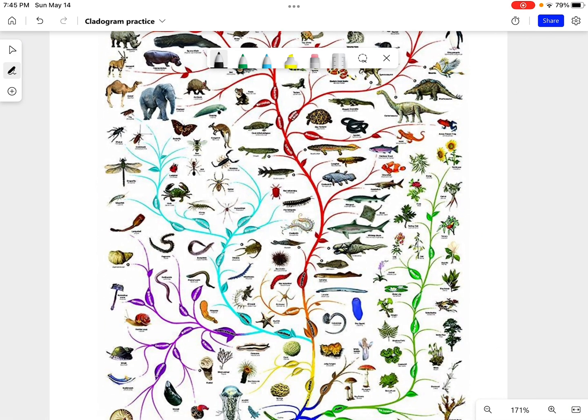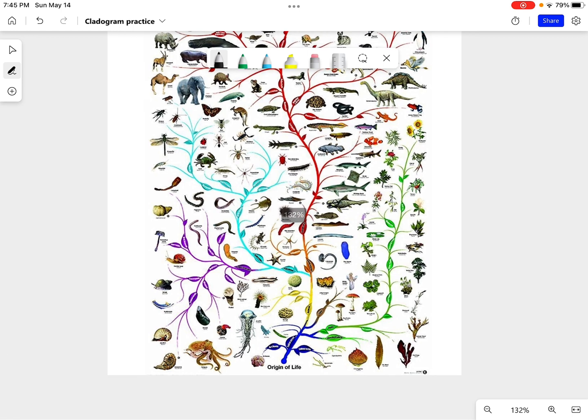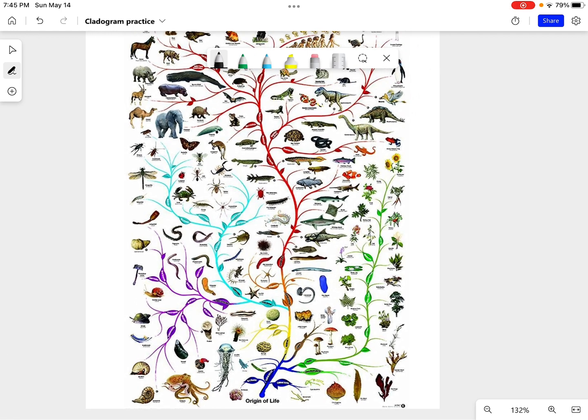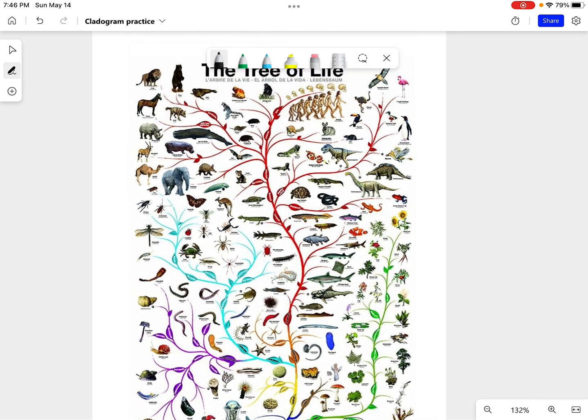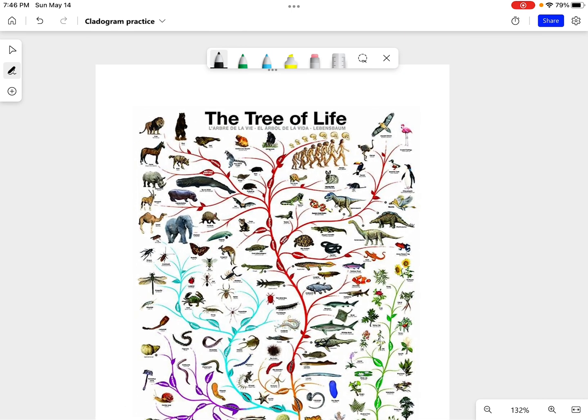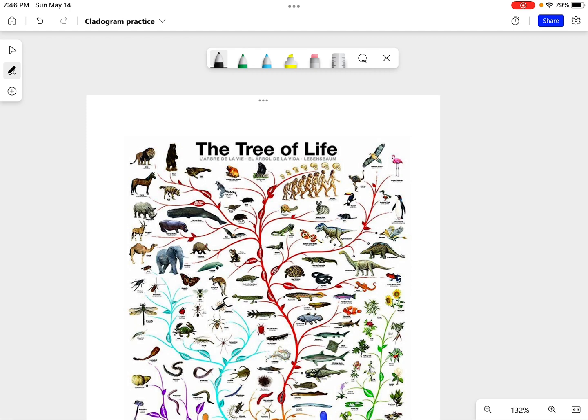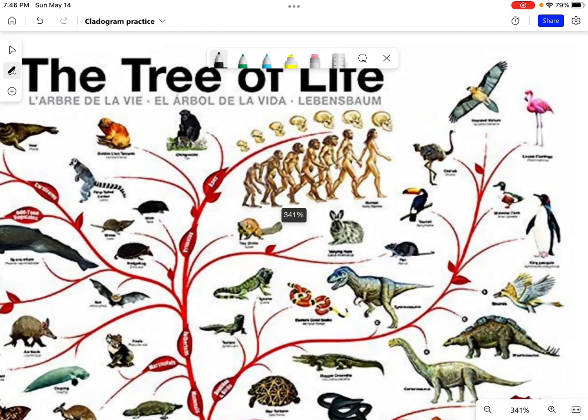All right, so here we have a tree of life, and you'll notice there's a main line that runs all the way through the middle here, and there are branches that come off to either side. So this is a very detailed cladogram. It's a little bit hard to see, but each of these branches has different characteristics as they go, just like the cladograms that we looked at. I'm going to go all the way up my tree of life, and I'm going to zoom in.